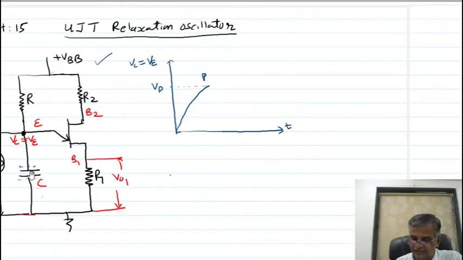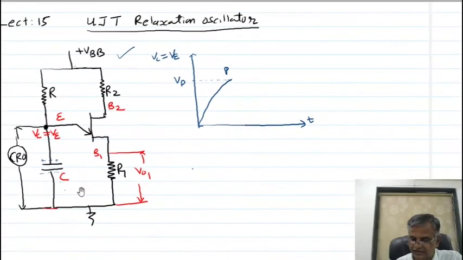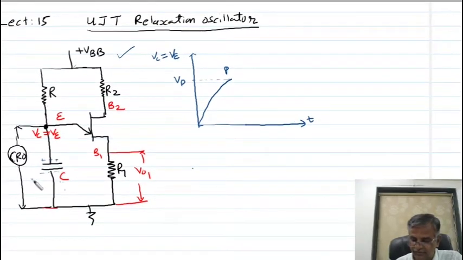So when the voltage is greater than or equal to eta VBB, then the capacitor starts discharging. The charge on the capacitor starts discharging into the emitter base of the UJT and resistor R. Whatever charge is here, it starts discharging. So the charge on this plate decreases. As the charge decreases, the voltage decreases.